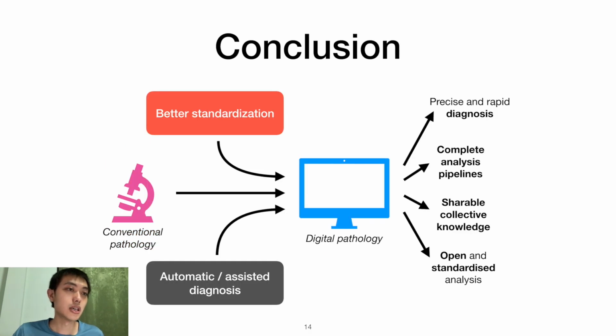In conclusion, we hope that better standardization and machine learning methods combined with conventional pathology would be transformed with OpenHI to digital pathology, and we could have better tools for sharing knowledge and open and standardized analysis.